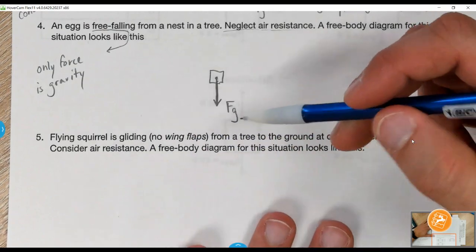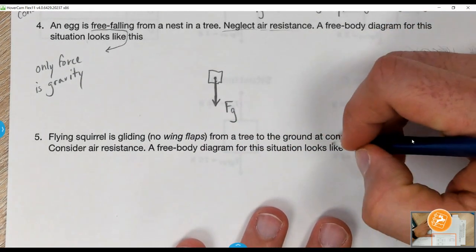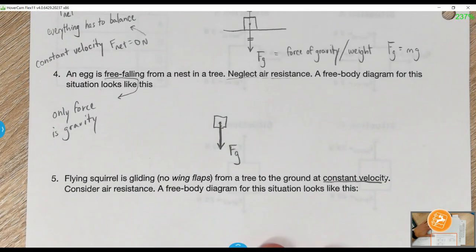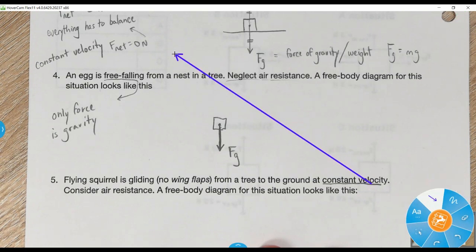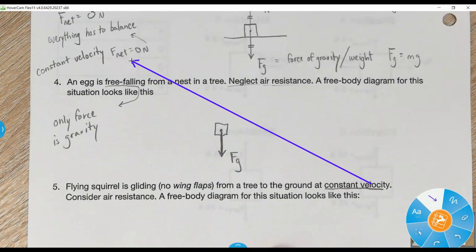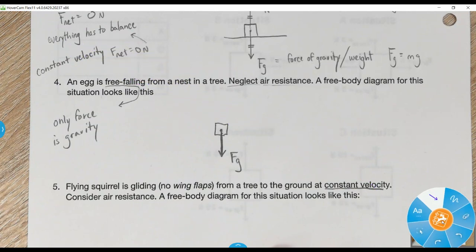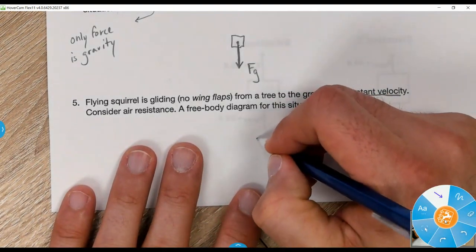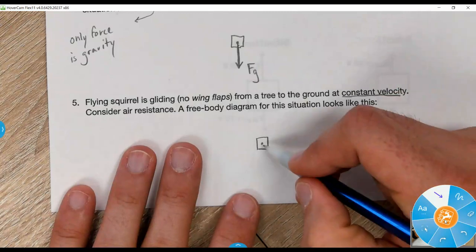A flying squirrel is gliding with no wing flaps from a tree to the ground at a constant velocity. What do we say about constant velocity? Constant velocity means F net is equal to 0, which means everything has to balance. So again, we're flying through the air. You have your object, and this time this box is a flying squirrel.